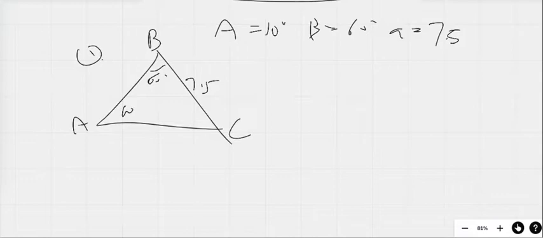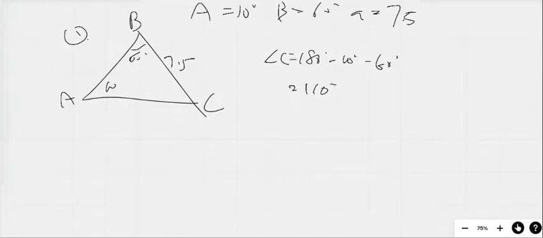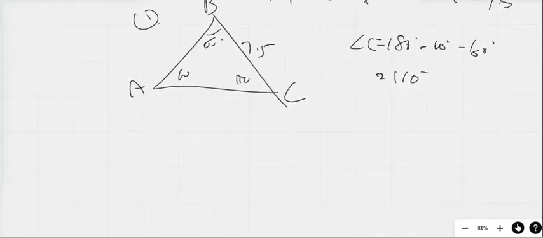Let's start with something simple. Angle C is equal to 180 minus 10 minus 60 degrees, because the sum of the angles in a triangle is 180, at least on a 2D surface, and angle C will become 110 degrees. Let's mark this down.